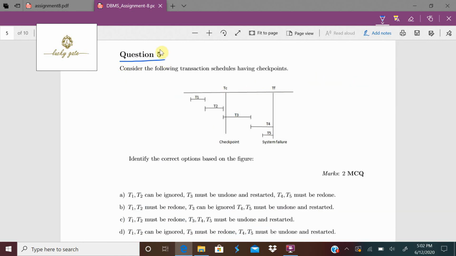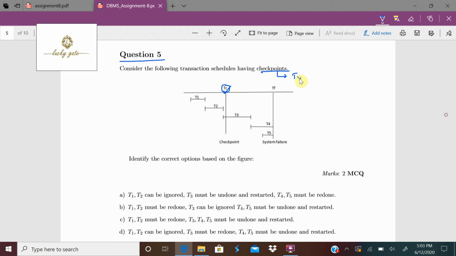Question number 5. Consider the following transaction schedules having checkpoints. Here the checkpoint is at time TC. Identify the correct options based on the figure. Here keep in mind, in the case of checkpointing, transactions committed before the checkpoint are to be ignored.